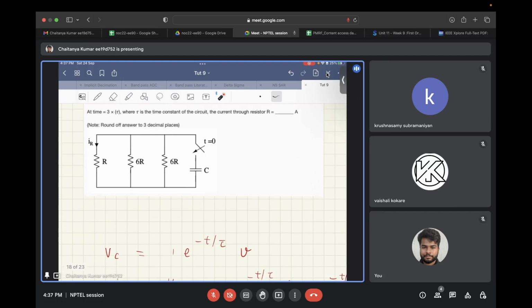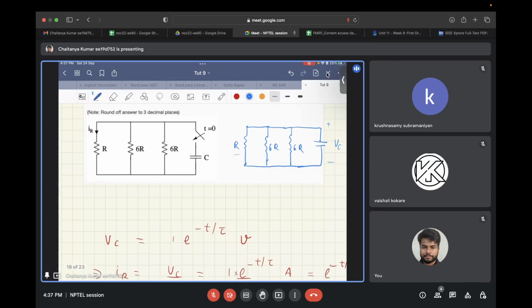After t equal to 0, the circuit will have this resistor, both 6R resistors in parallel to that, and the capacitor will also be in parallel to these resistors. So the voltage developed across this resistor, VC, will be the same as the voltage across any of these resistors.